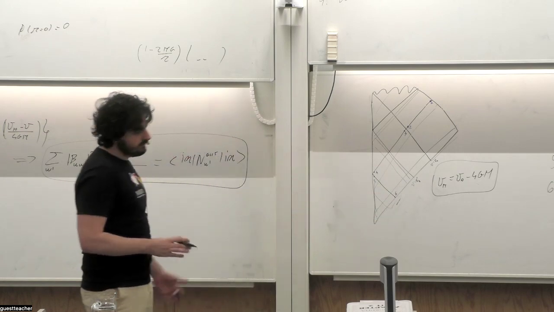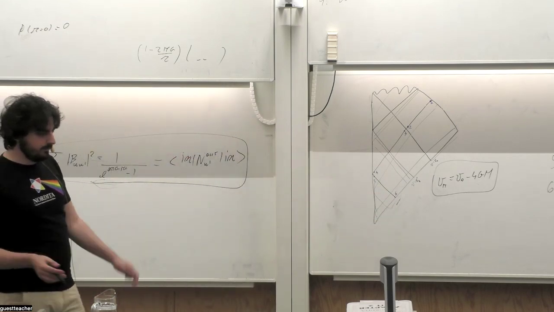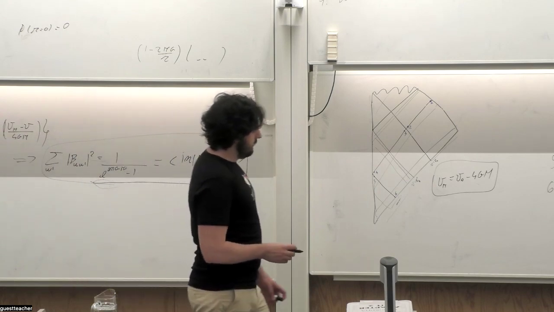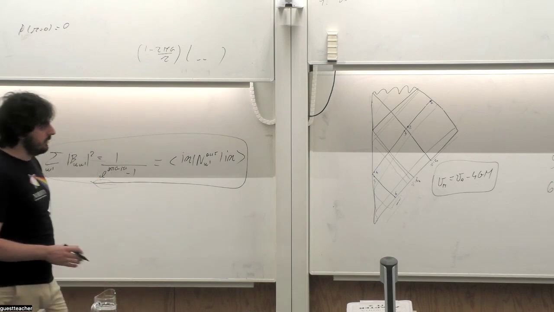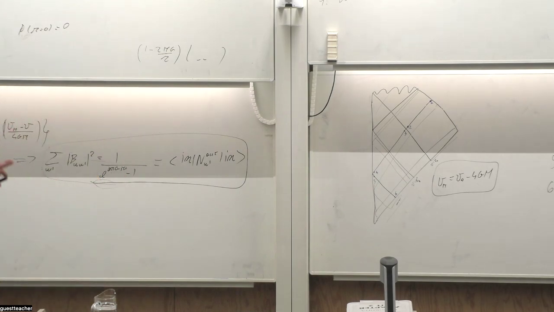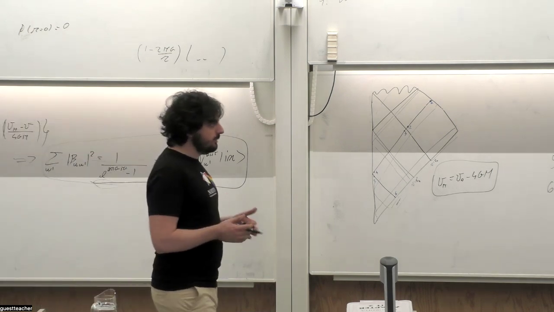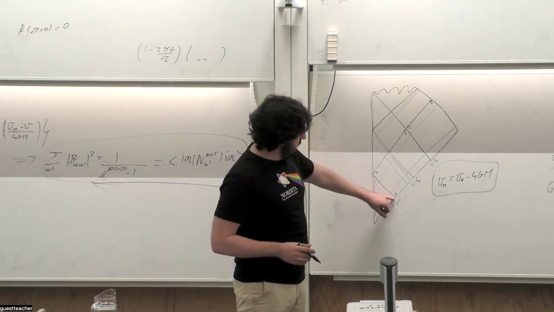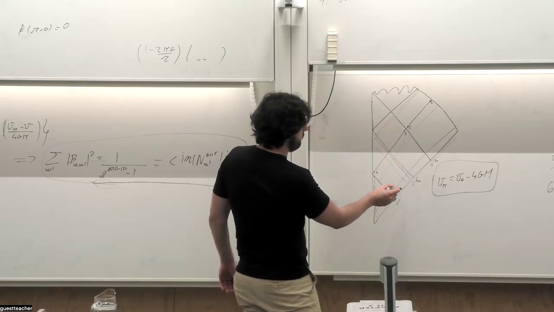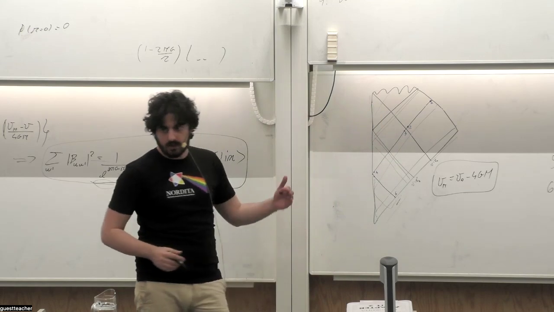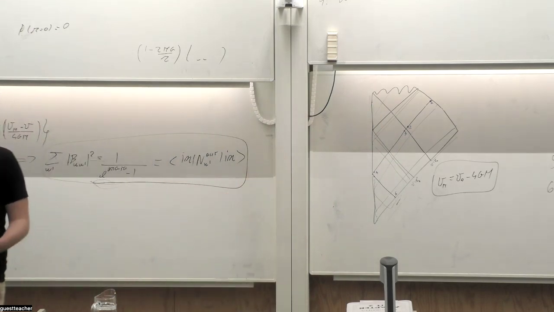There are some arguments to say that this can be resolved, but I think it's still an open problem. But within the model, this is what happens. And within the model, this actually simplifies, because all the initial propagation from Scri minus to the horizon can be done in the geodesic approximation.